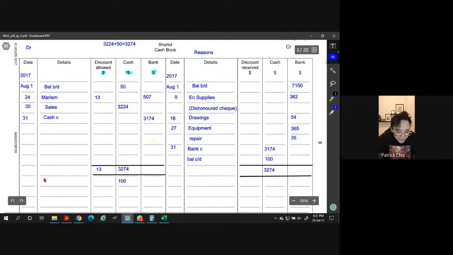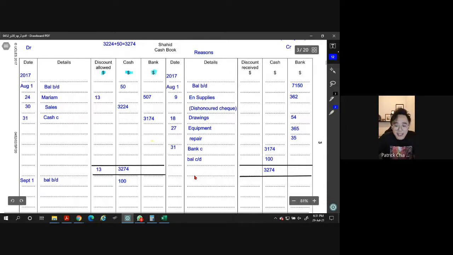And then this is called balance BD. So marks are awarded at the balance BD. After August, becomes September 1st. So can you see, just now they put in all the cash except, yeah, so I should have 100 balance with me. Make sense?